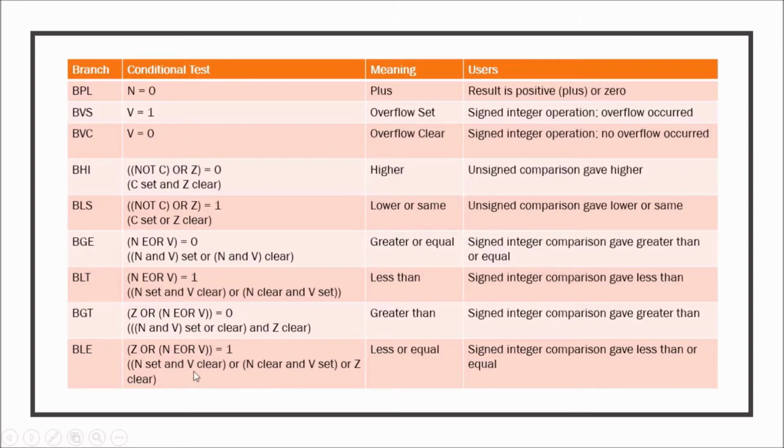N and V must not be the same, or Z is set. The branch executes if the comparison is less than or equal.